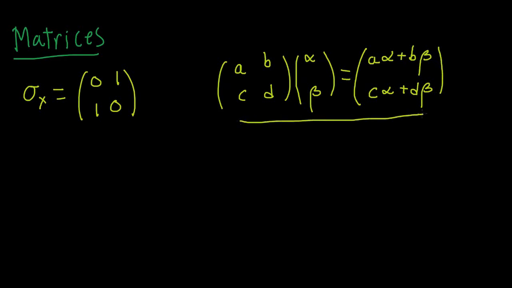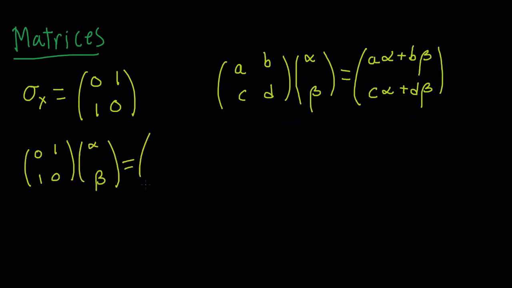This is the rule. So we can see that the matrix with components 0, 1, 1, 0 acting on alpha beta is equal to, okay, so we have a times alpha, right? But a is 0, so that doesn't matter. But then we have b times beta, and b is 1.